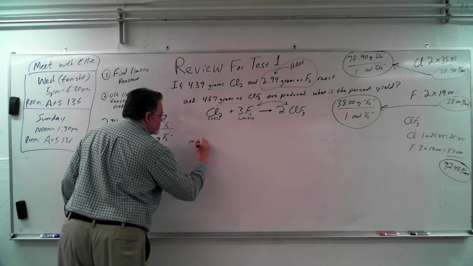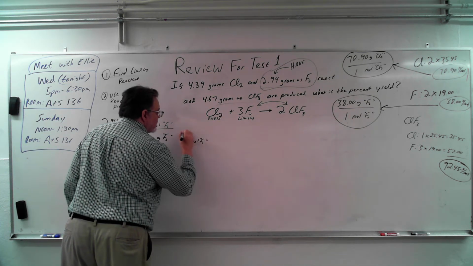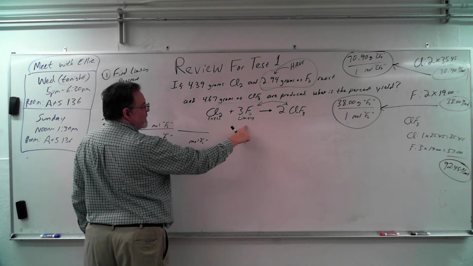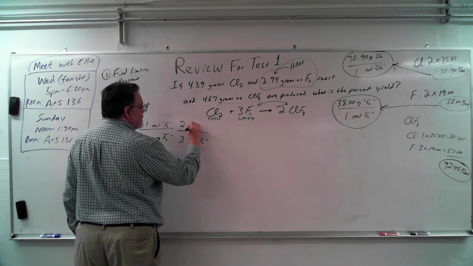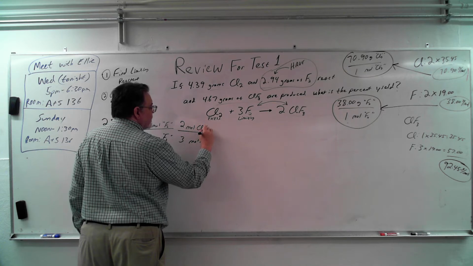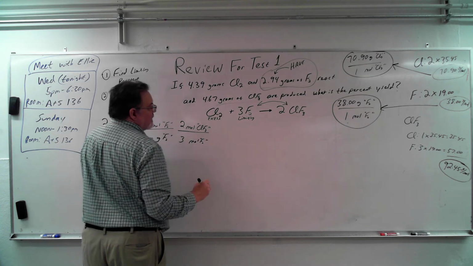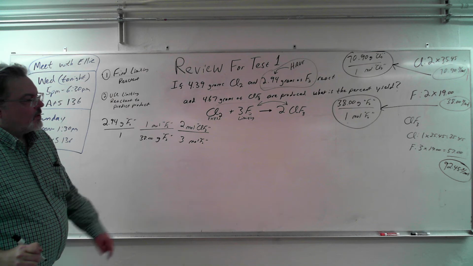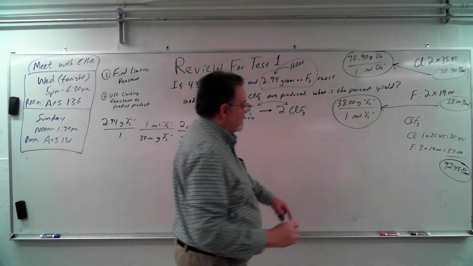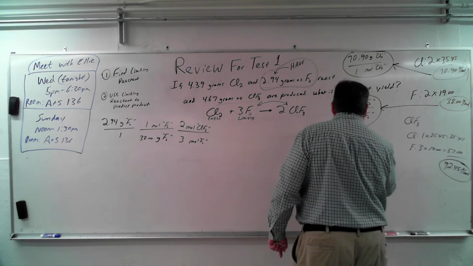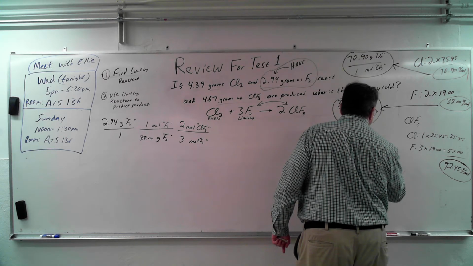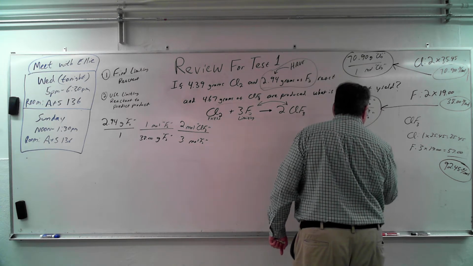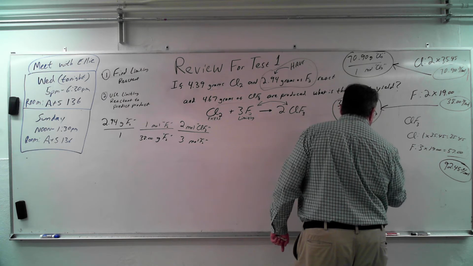We need moles of F2 on the bottom. Now we're using this mole ratio. 3 moles of F2 to 2 moles of ClF3. Now we're going to use the grams per mole of ClF3, that's down here. 92.45 grams of ClF3 is 1 mole.